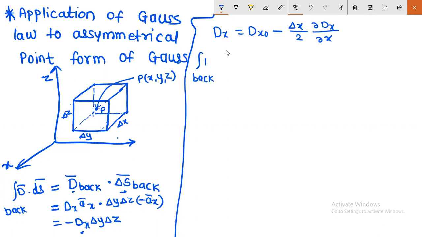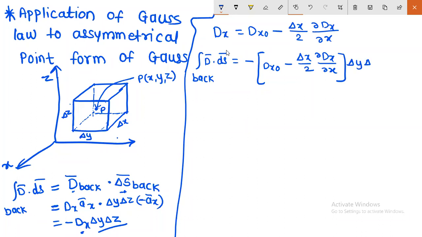So this back of this D bar dot ds bar is equal to minus dx. Okay. So this is minus into bracket. So what is dx? Dx is dx0 minus delta x upon 2 into daba dx upon daba x. Okay. Into this delta y and delta z. Okay. So just multiply by minus sign.